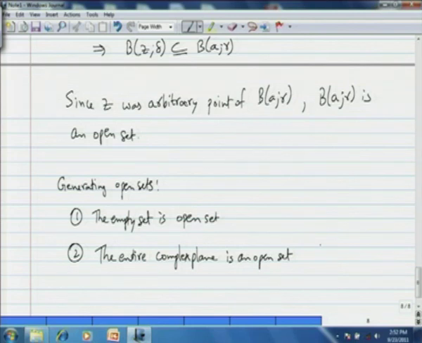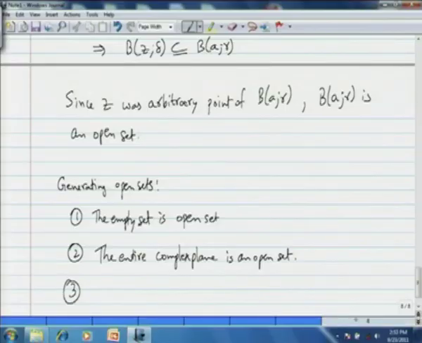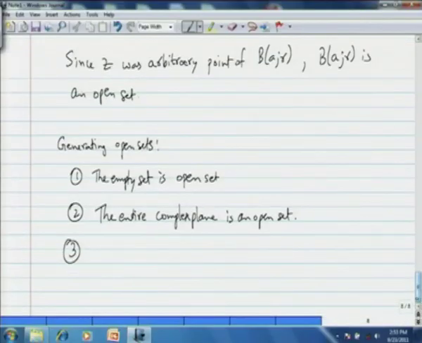That is because of course, if you pick any point in the complex plane, you can find a large enough disk around that point in the complex plane. So, that is easy. The entire complex plane itself is open. And the third way to generate open sets is as follows.